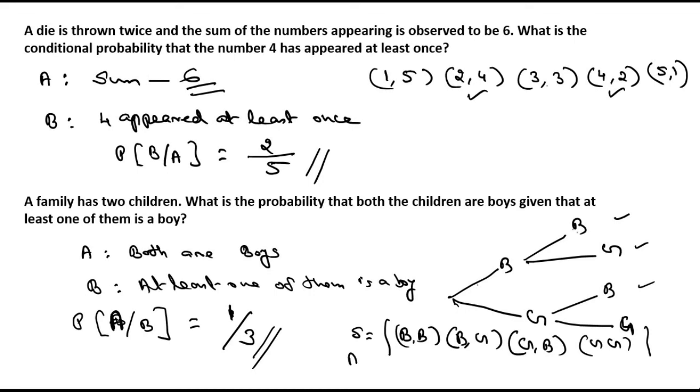B is at least one of them is a boy, and the favorable cases are BB, BG and GB. In this, there are 3 cases where at least one is a boy, as given. In these, how many have both boys? Only one case. So 1 by 3. This way also we can do it, or using a tree diagram also we can do it. Thank you.